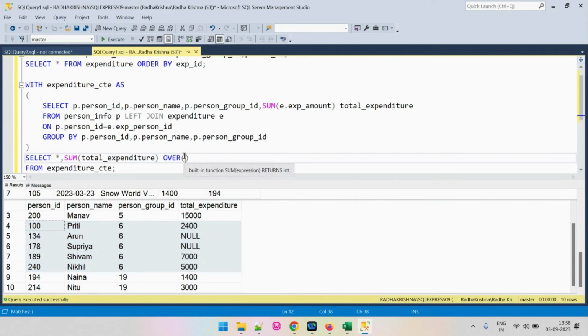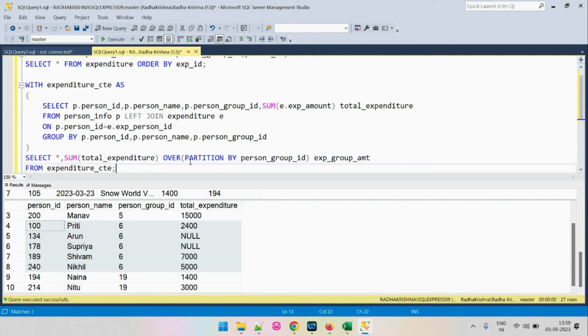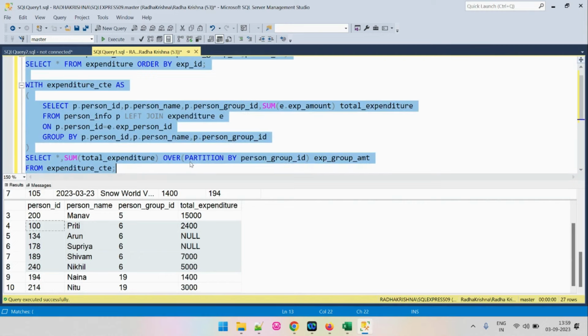So we will do partition by. Partition by is kind of grouping. We will partition on this group ID column, and this will give us the expenditure group amount, that is the total expenditure that was done in the group. So let's run and see the output.